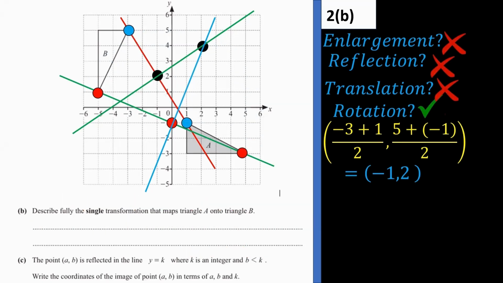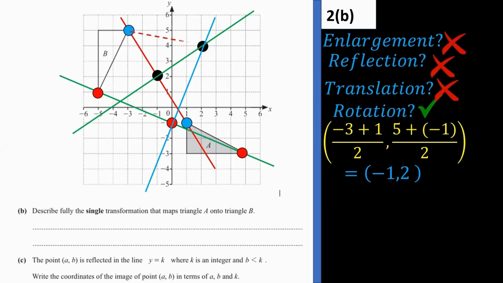When that happens, we've been able to get the center of rotation. We are going to do something to get the angle, because for rotation we need the name, we need the angle. Of course, the direction is also important, and we need the center.